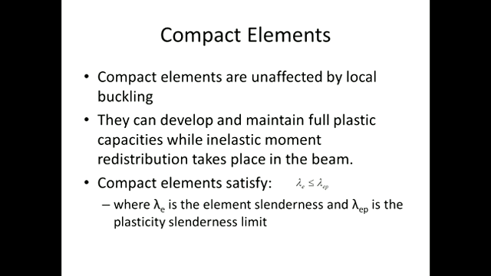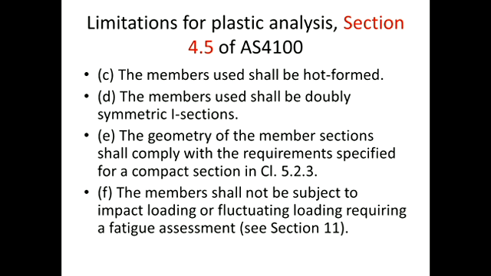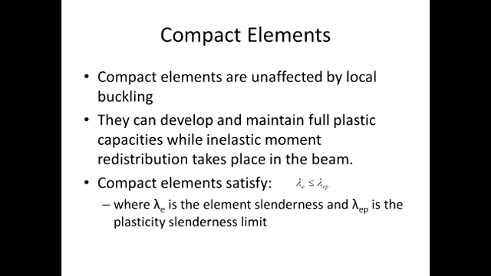So then as part of some of these requirements, if we look at compact sections, for example, as you know, if we're looking at different elements within the section, we have to determine the value of lambda e. We'll look at the definition of lambda e, which is the plate element slenderness, in a moment.